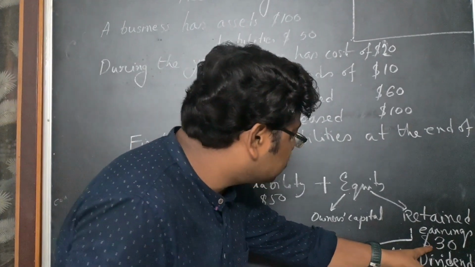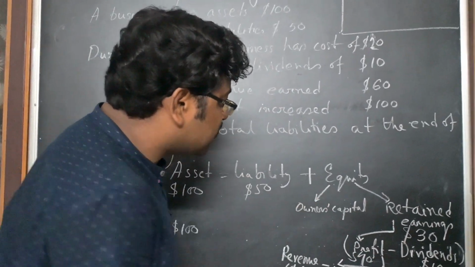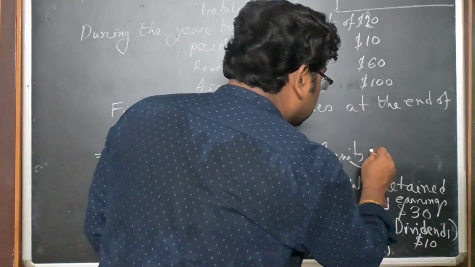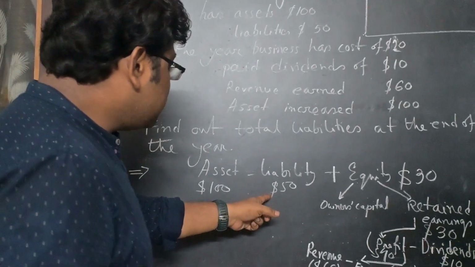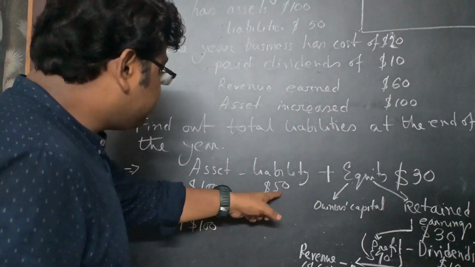Owner's capital is constant, so equity here is $30. Liability is $50.